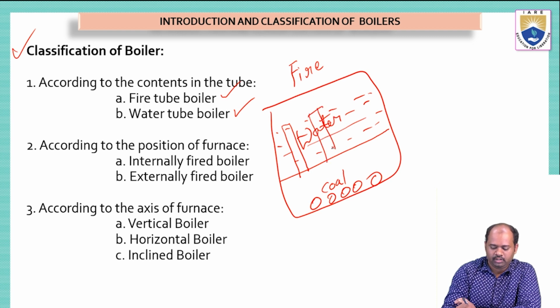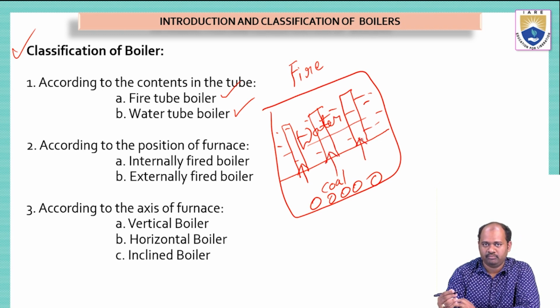So I have tubes. Whatever hot gases are generated during the combustion of the coal will enter into these tubes. These are called fire tubes because they have hot gases inside them.